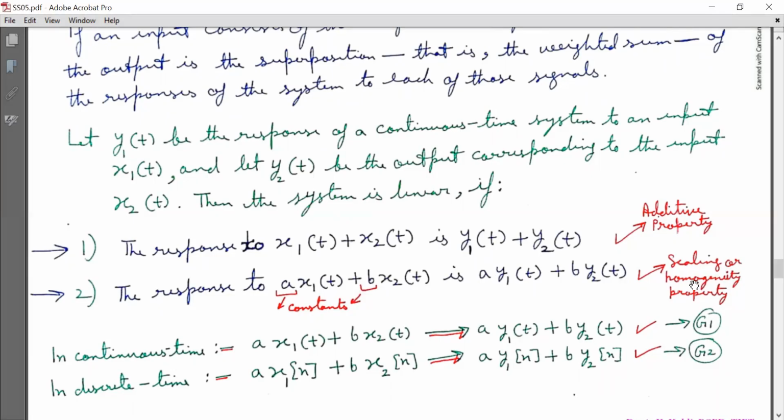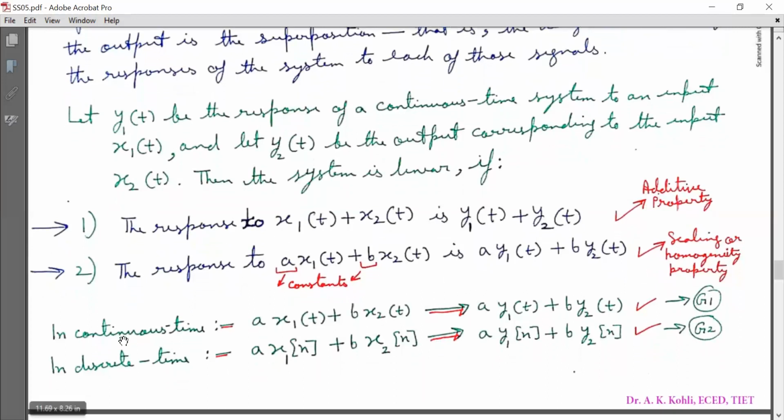This is the scaling or homogeneity property. Therefore, in continuous time, a x1t plus b x2t given to a system should yield a y1t plus b y2t at output. And in discrete time, if the input to the system is a x1n plus b x2n, then the system should yield output a y1n plus b y2n. And then the system will be linear.